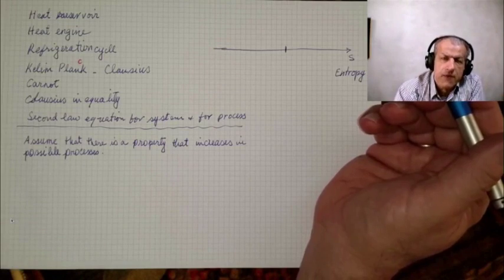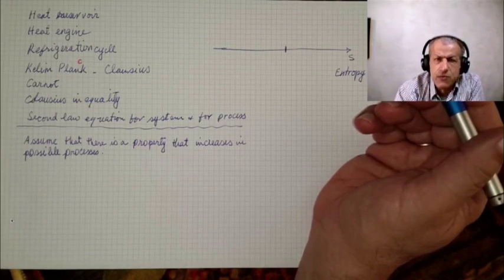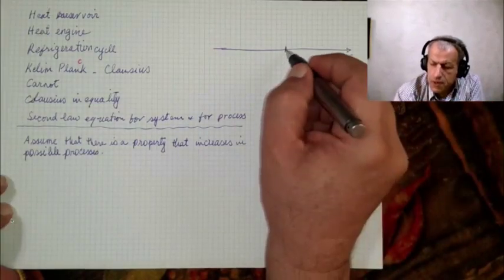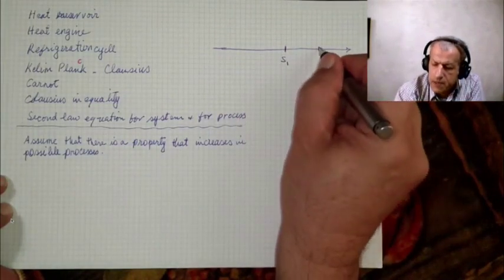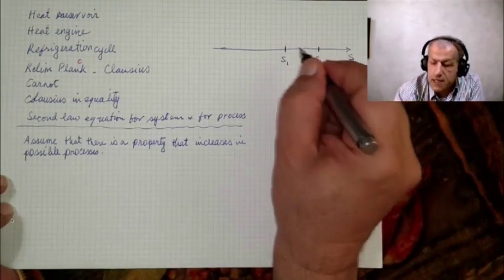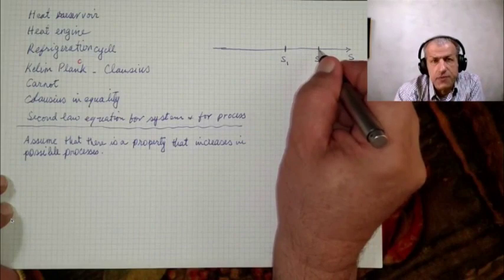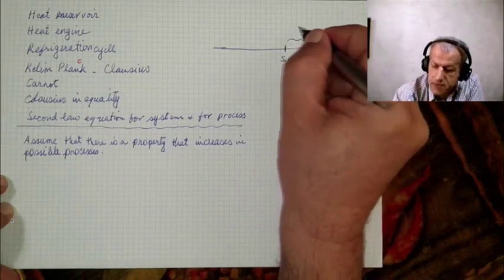Now, if a process happens to that system, and we assume that if that process is possible, then this property increases. So if at state 1, this is S1, then for a possible process at state 2, this property increases.